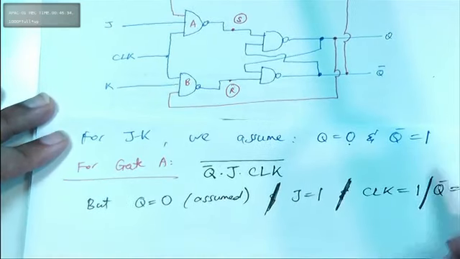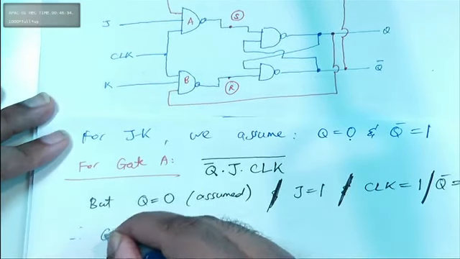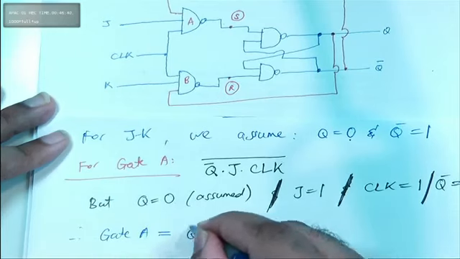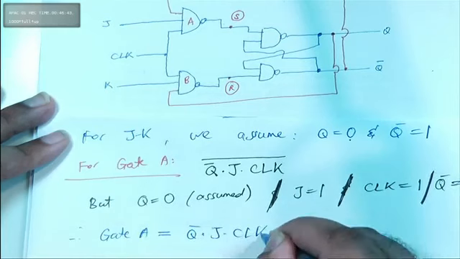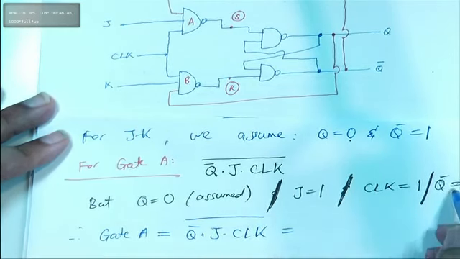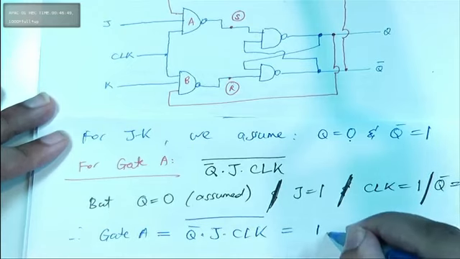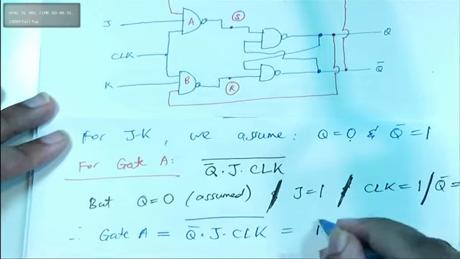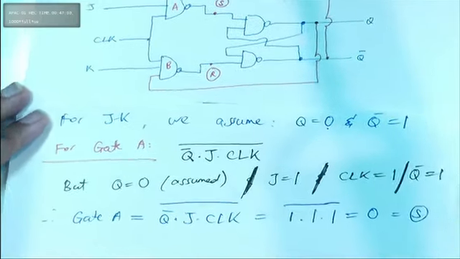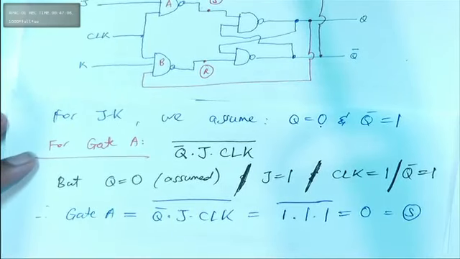So therefore, gate A in this situation is Q bar, J, clock, whole thing barred. Q bar is 1, J is 1, clock is 1, whole thing barred is equal to 0, which is S circle. Is everyone happy with that? S circle is equal to 0.